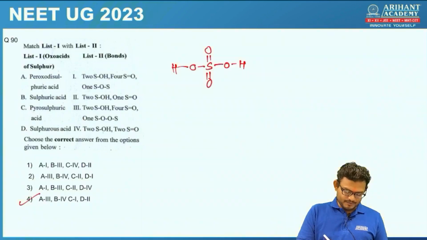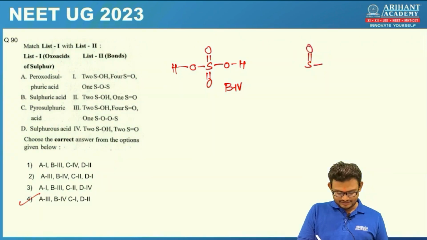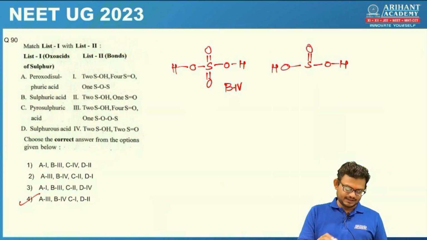So B का तो 4 confirm हो गया. And if you have a look at the option D, is sulfurous acid, it is H2SO3. That is S double bond O, 1 S double bond O and 2 SOH. So definitely the correct option is going to be option 4.